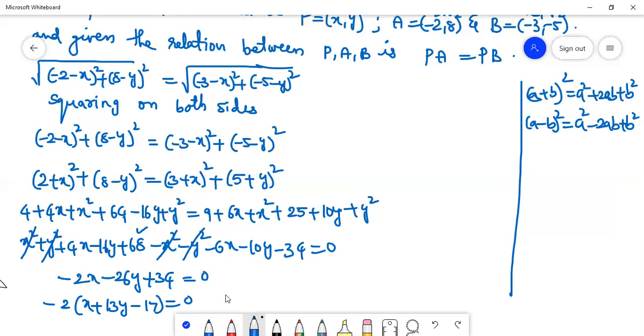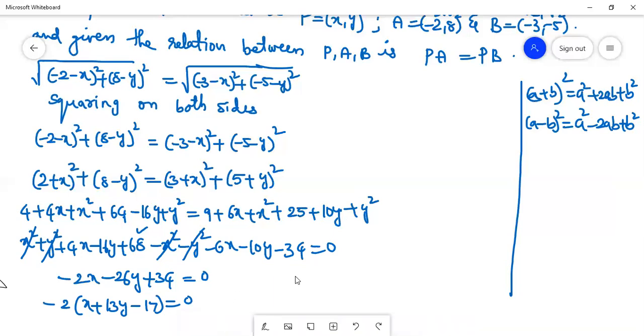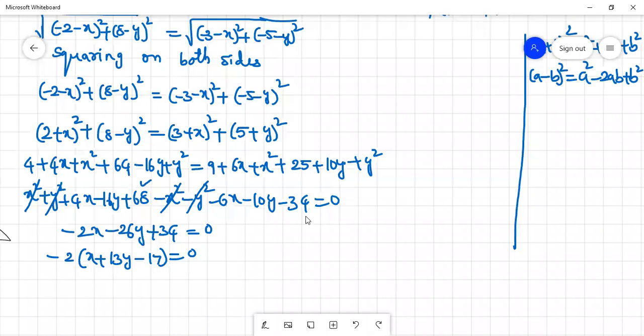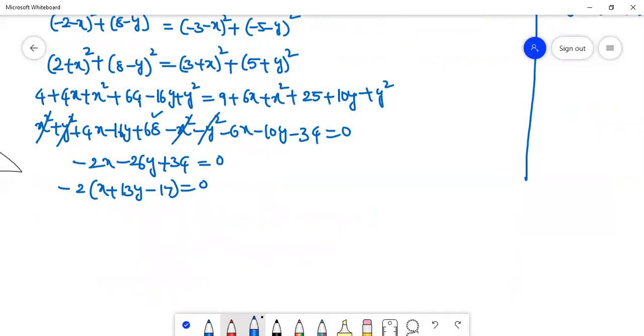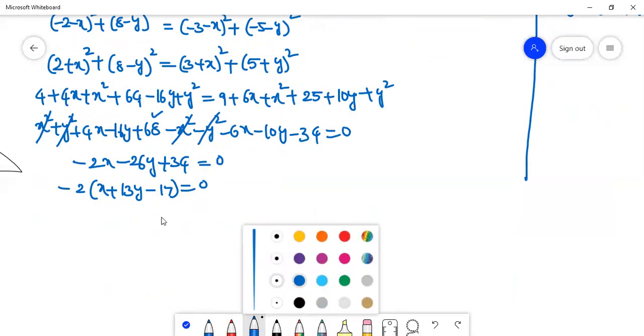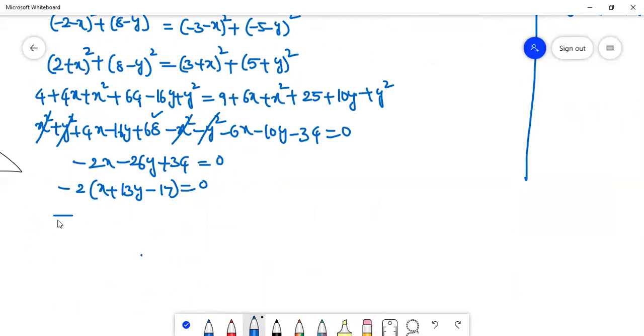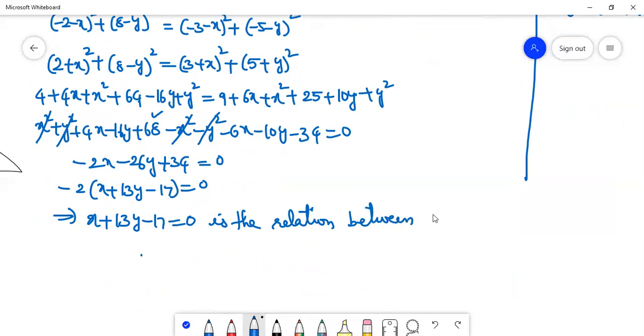Therefore, from this, minus 2 is taking to the right side, then the relation of x and y is x plus 13y minus 17 equal to 0, is the relation between x and y. This is the solution of the given problem.